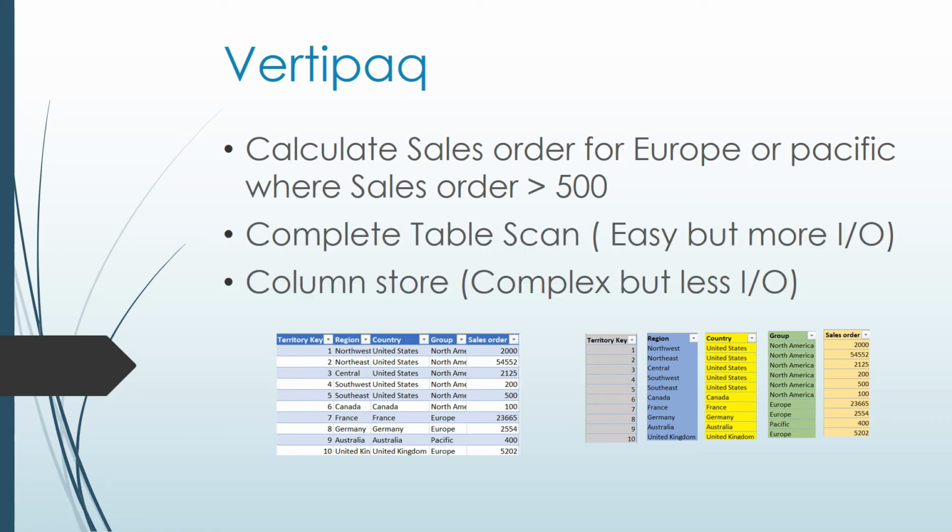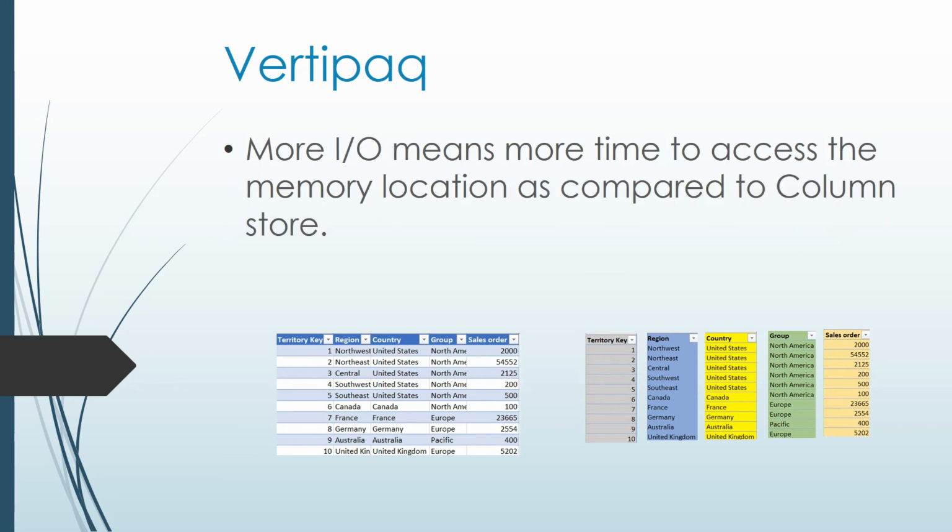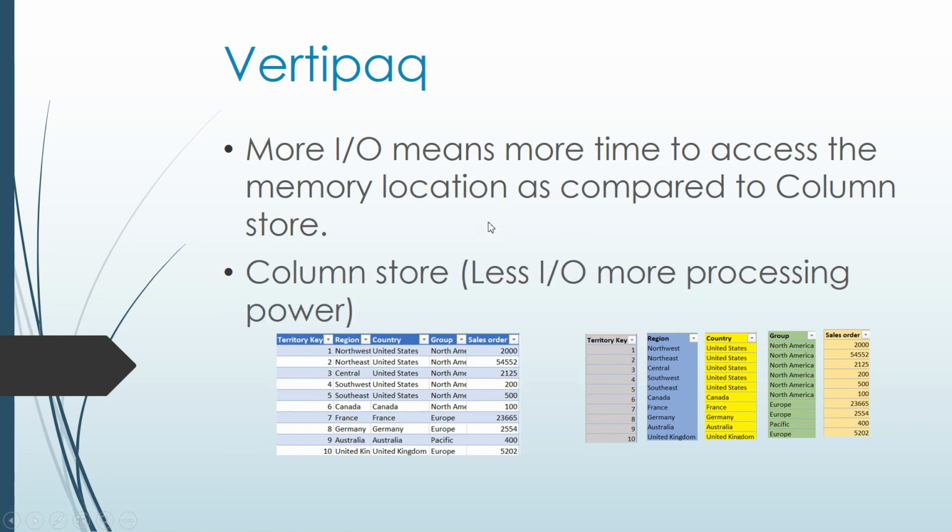But for the column store, the algorithm will be a bit more complex. Again, we are trying to decrease the number of IO operations as much as possible. More IO means more time to access the memory location compared to the column store. And when we use the column store, it is less IO but more processing power.